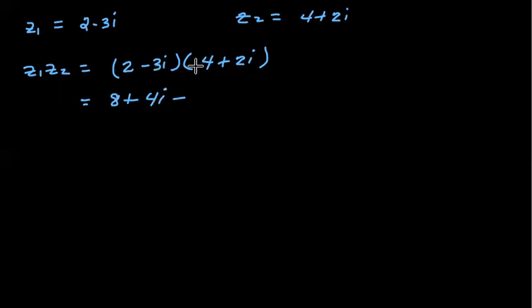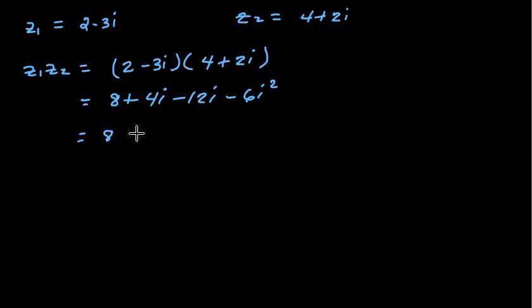Minus 3i times 4 is minus 12i. This wouldn't be plus because it's a minus times a positive. So this is going to be minus 6i squared.